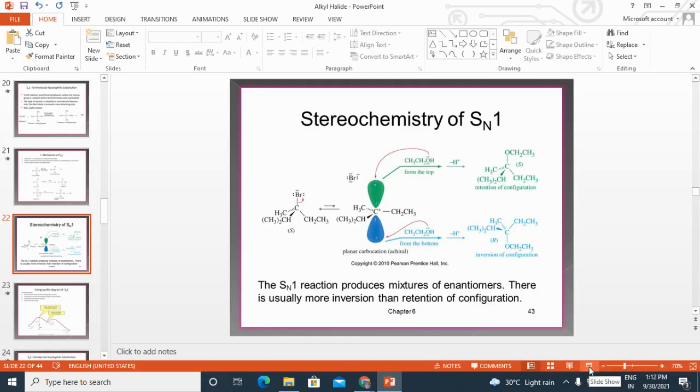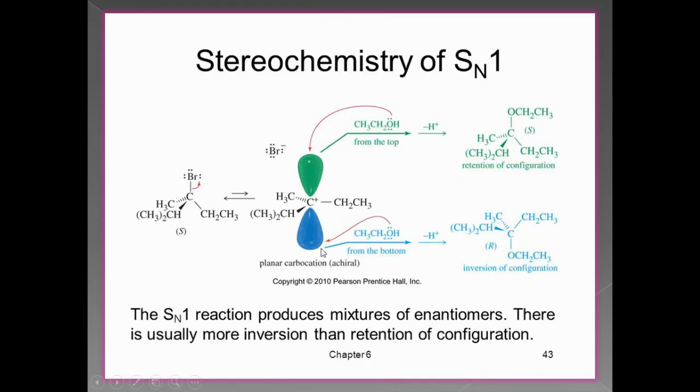So here I think you will understand how the stereochemistry for the SN1 reaction works. The possibility of formation of product will be 50-50 in this case, as the planar carbocation is generated. So a 50% possibility is of the product with retention of configuration, and a 50% possibility is of the product with inversion of configuration.